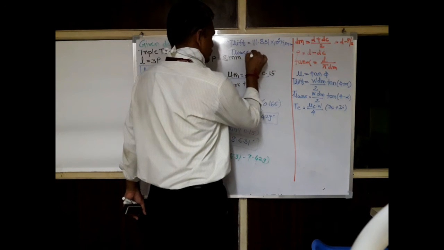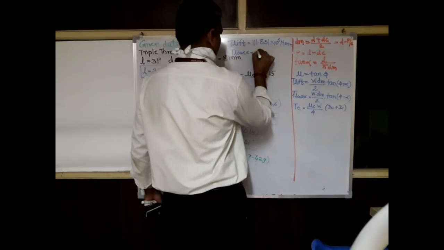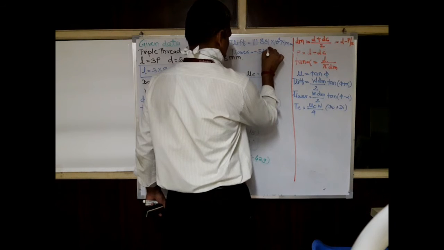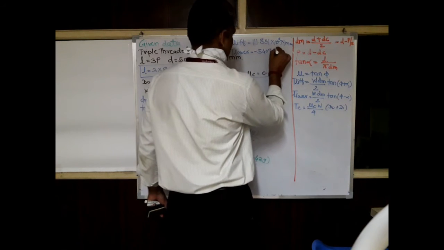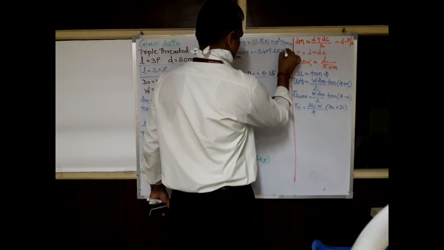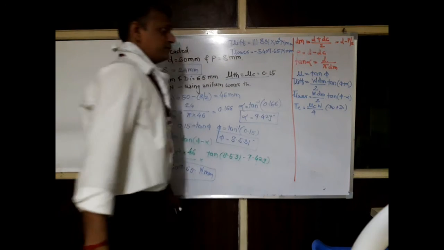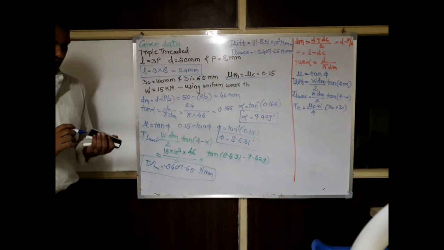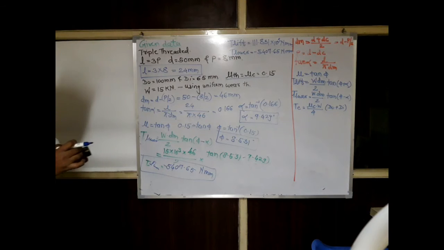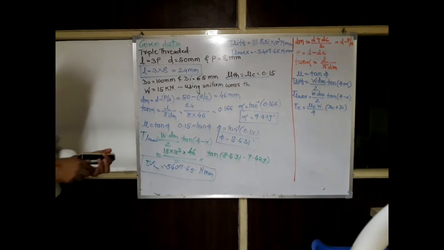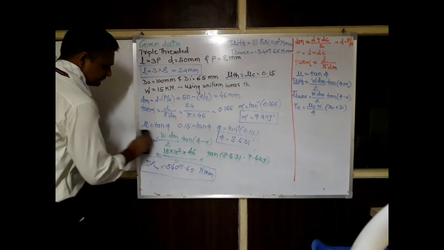Automatically the screw will get lowered down. Minus 5407.65 Newton mm means it will automatically get lowered down. As phi is less than alpha, it also indicates the same thing.